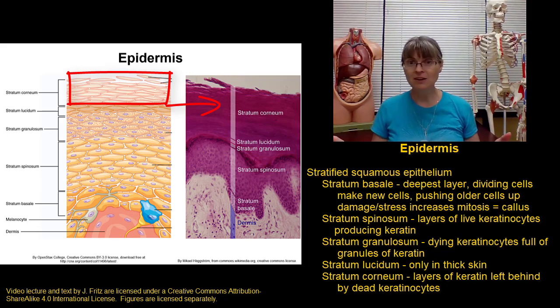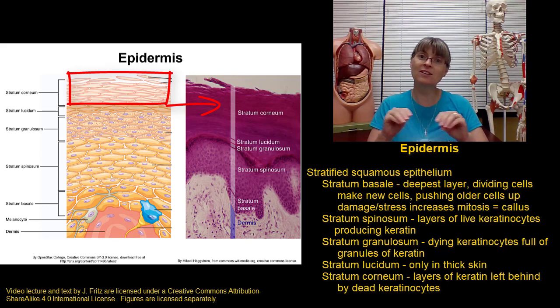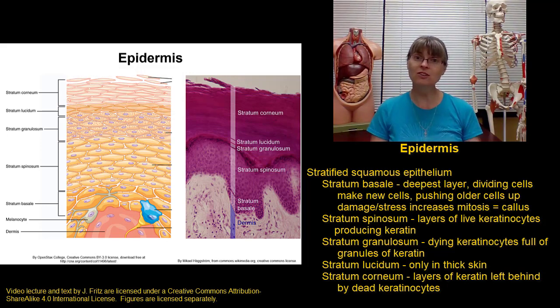All the actual cells are dead, and all that's left are these layers and layers and layers of keratin. We saw this as a surface specialization when we were learning about epithelium, a tough layer of keratin proteins on the outer surface of the epithelium.